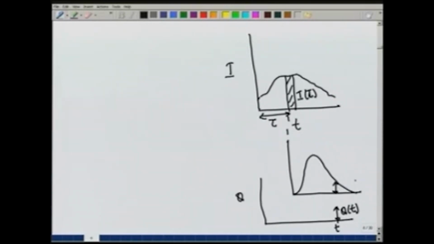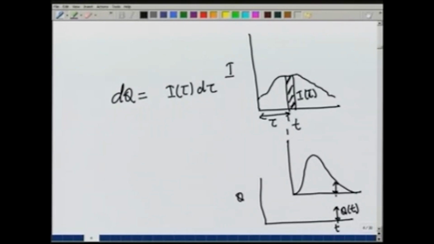that means the direct runoff due to this strip of rain can be given as the depth of rainfall here, which is I d tau, multiplied by the ordinate of the IUH at that point.